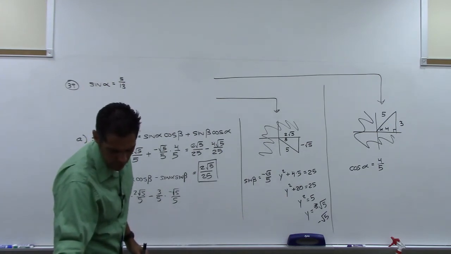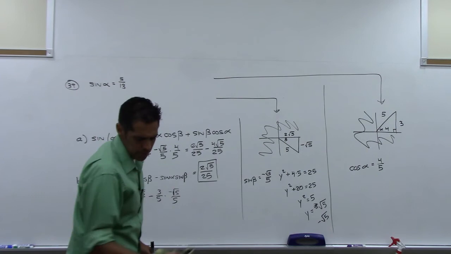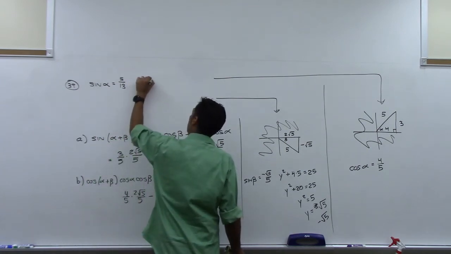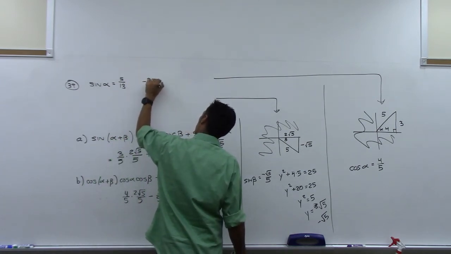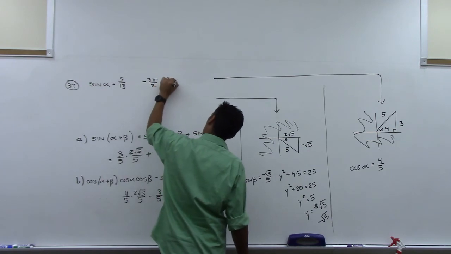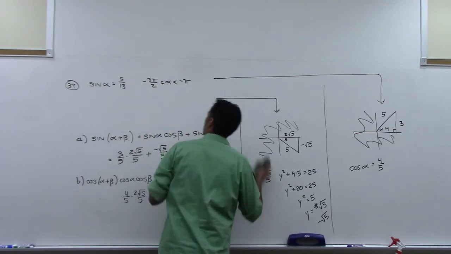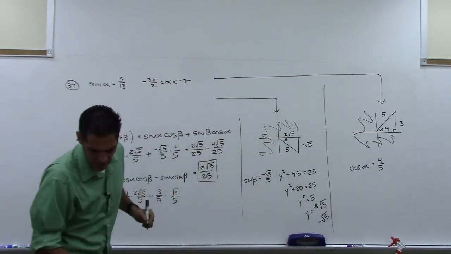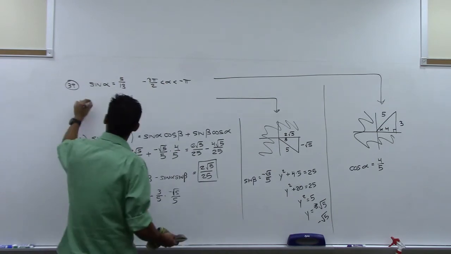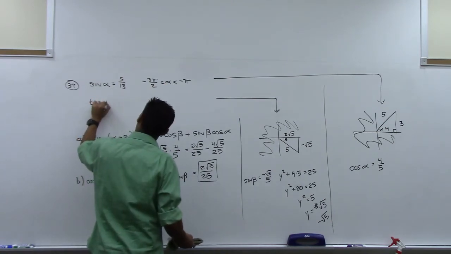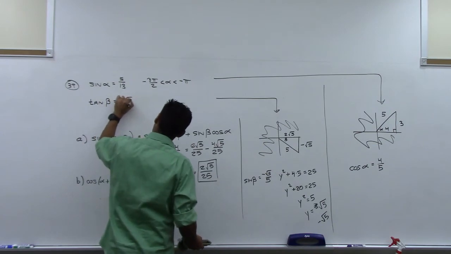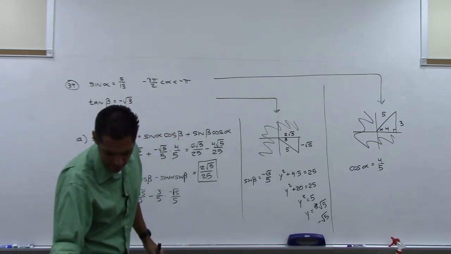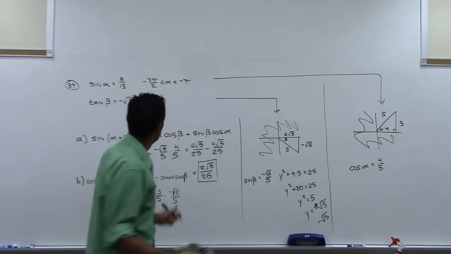And alpha is between negative 3 pi over 2 and negative pi. And then they give us that tangent of beta is negative root 3, and they tell us that beta is between pi over 2 and pi.